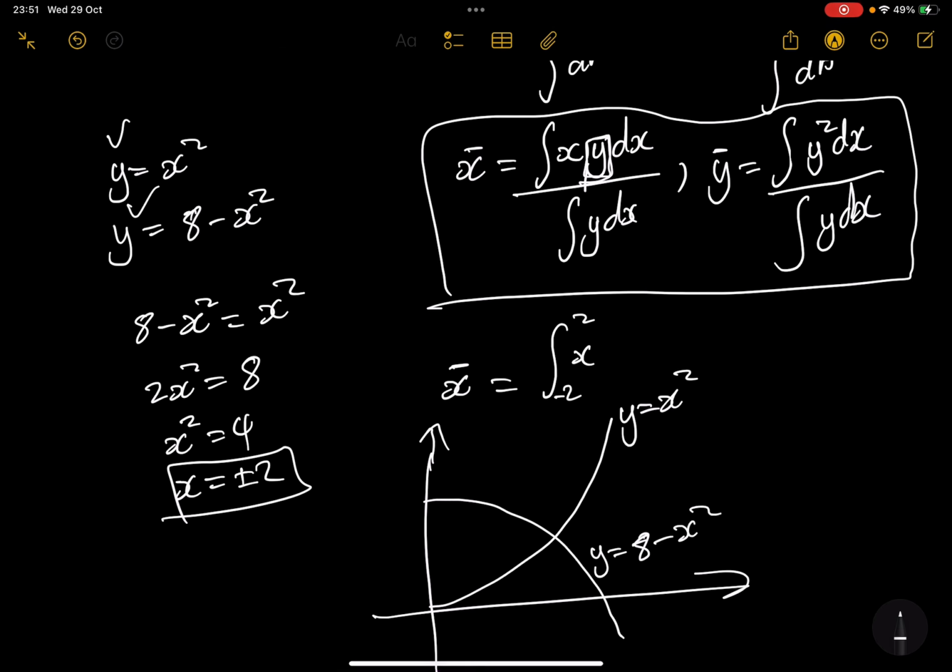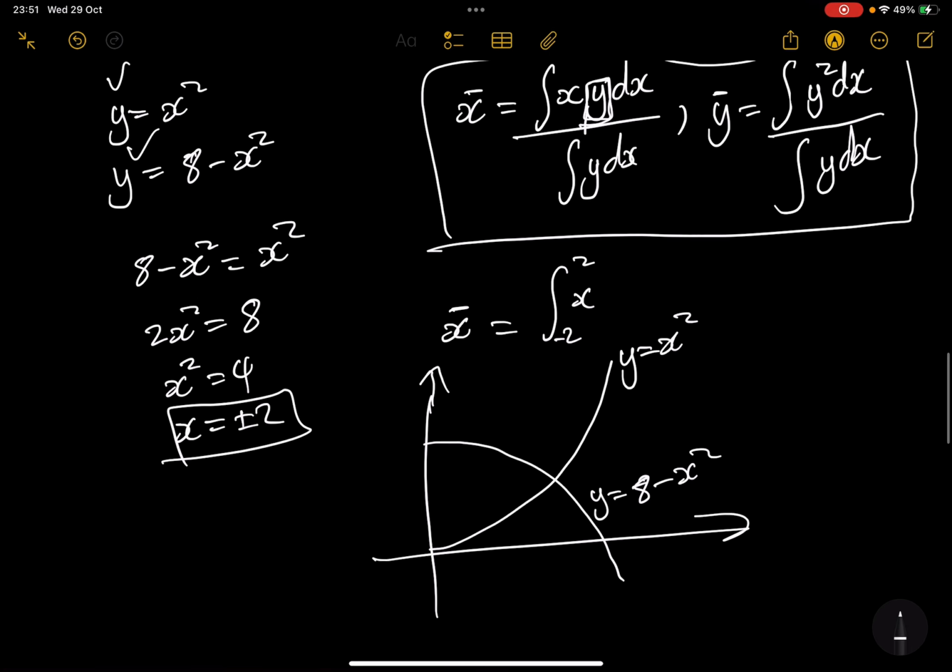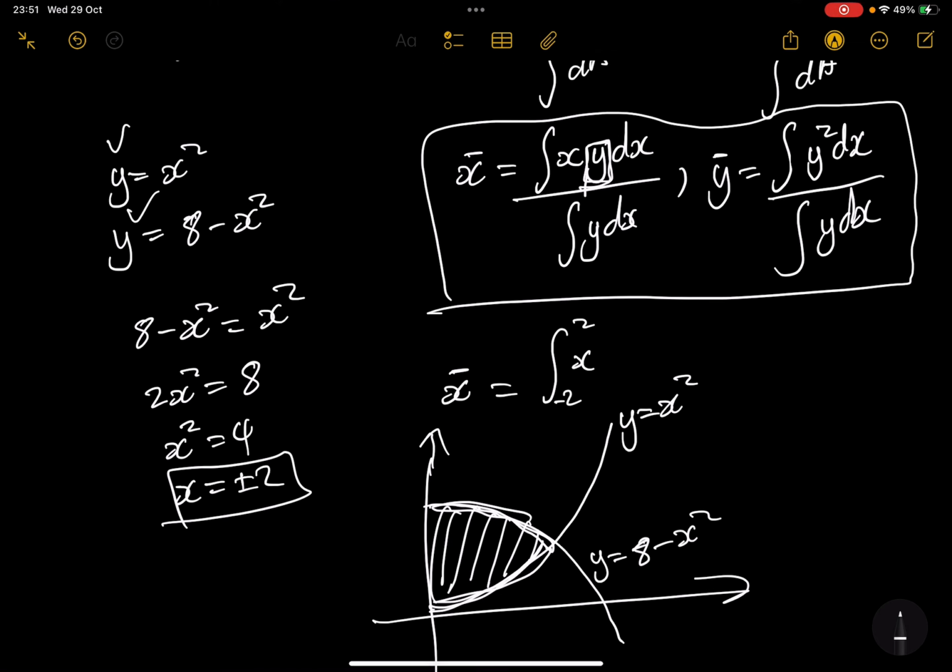This is y is equal to 8 minus x squared. So we are looking at the centroid bounded by these two graphs, right? This is the upper graph, this is the lower graph. So here you're going to do the same concept.